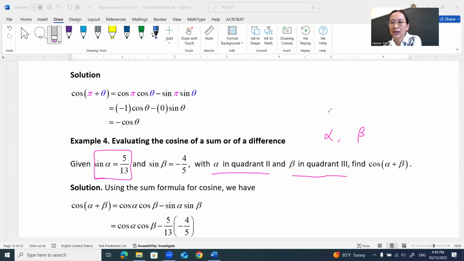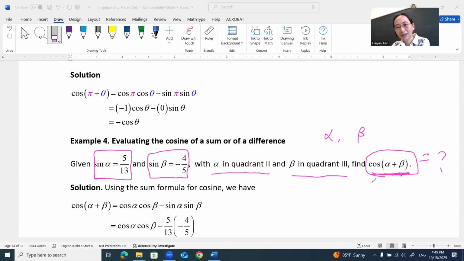So alpha in quadrant 2, beta in quadrant 3. Suppose we know sine alpha and sine beta. Can we find cosine of the sum, cosine of alpha plus beta? How do we find this quantity? That's the question.